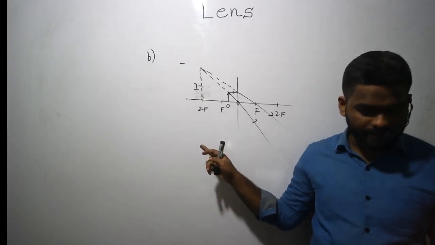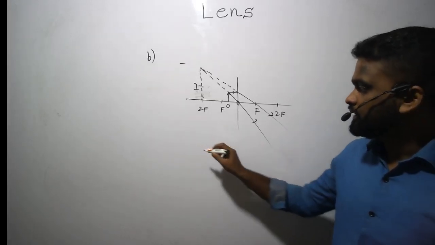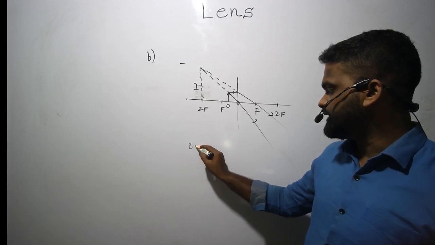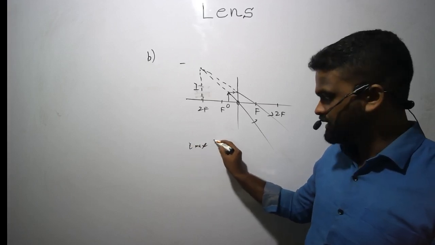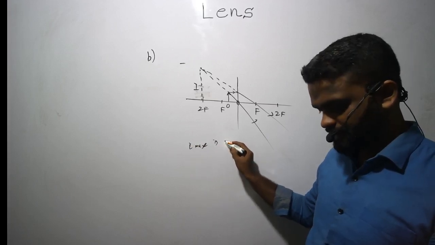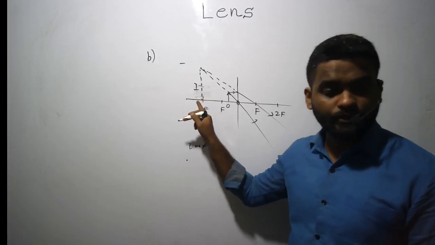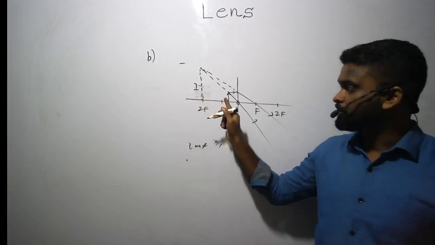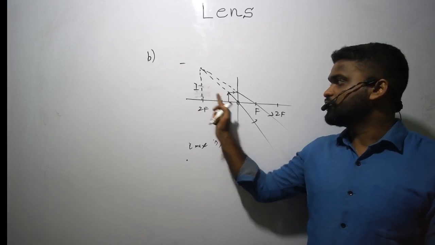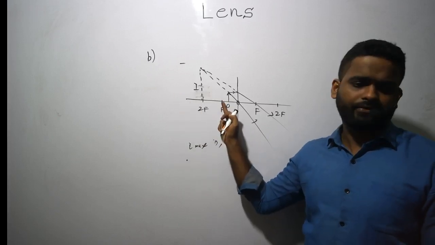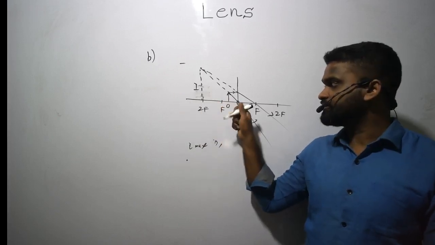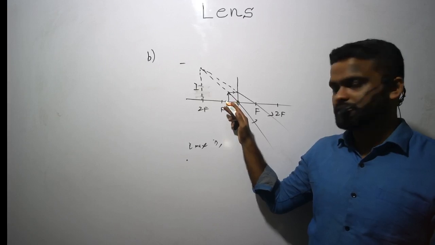So what are the properties? Write down image is, comma, first point. First you need to mention the position. What's the position? Beyond O, right? Not F. Sometimes the image can be made here as well, right?